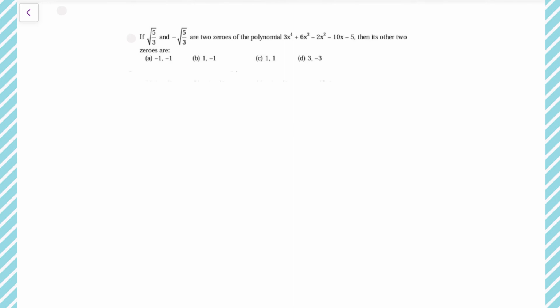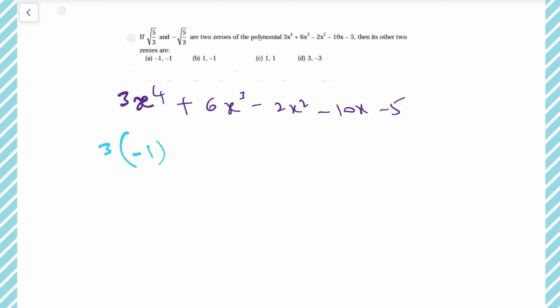The polynomial is 3x power 4 plus 6x power 3 minus 2x square minus 10x minus 5. Now I am substituting minus 1 in the place of x. So 3 into minus 1 power 4 plus 6 into minus 1 power 3 minus 2 into minus 1 power 2 minus 10 into minus 1 minus 5.